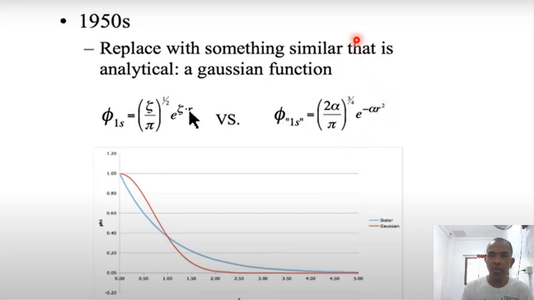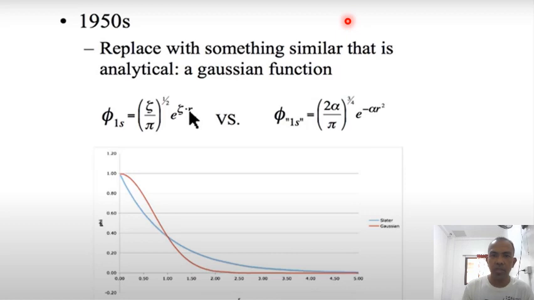So here I've got 1s, in quotes because it's no longer 1s in the sense of an exact solution to the one-electron Schrödinger equation; instead it's an approximation to that solution. The difference is that it now decays exponentially with r squared, not r.